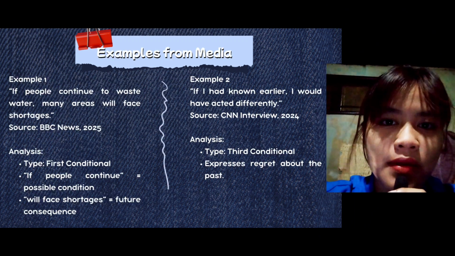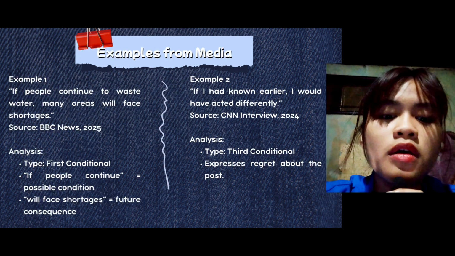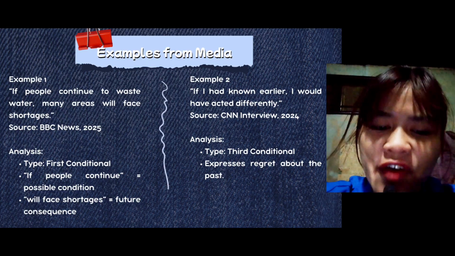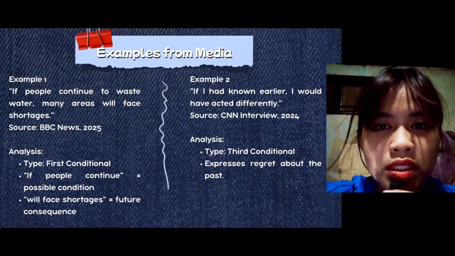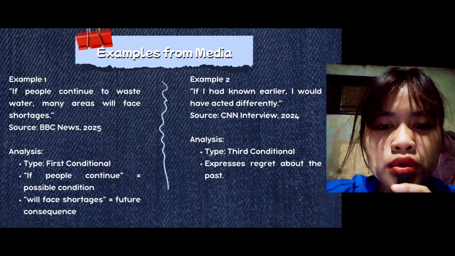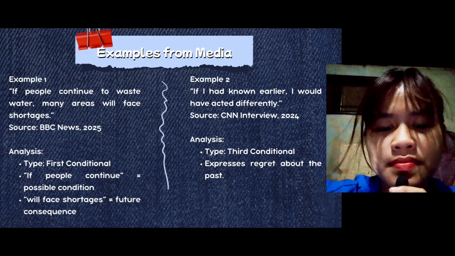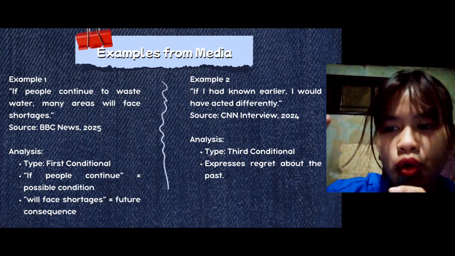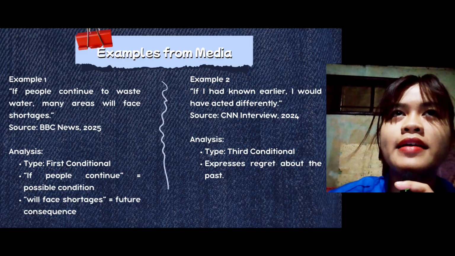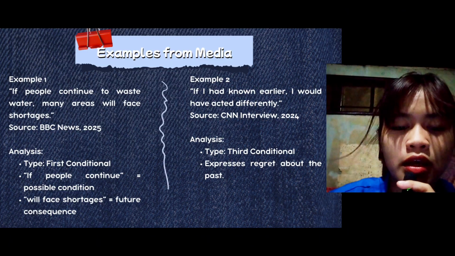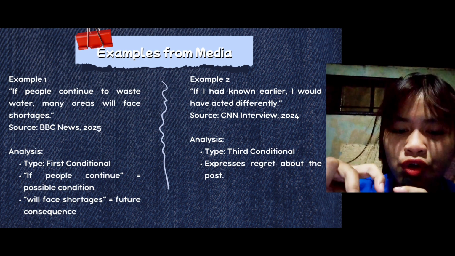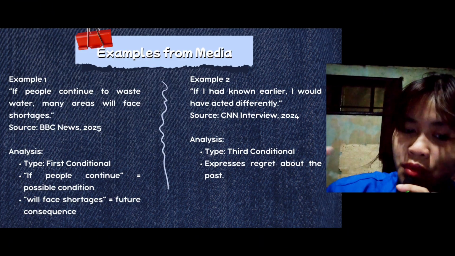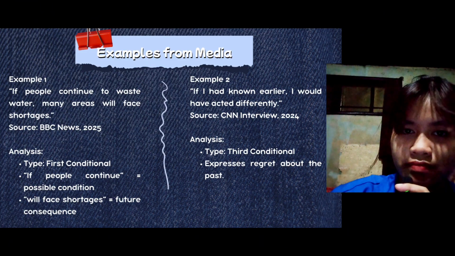And then for example 1: if people continue to waste water, many areas will face shortages. Source: BBC News, 2025. Analysis, type: first conditional. If people continue is the possible condition, will face shortages is the future consequence, or the result.